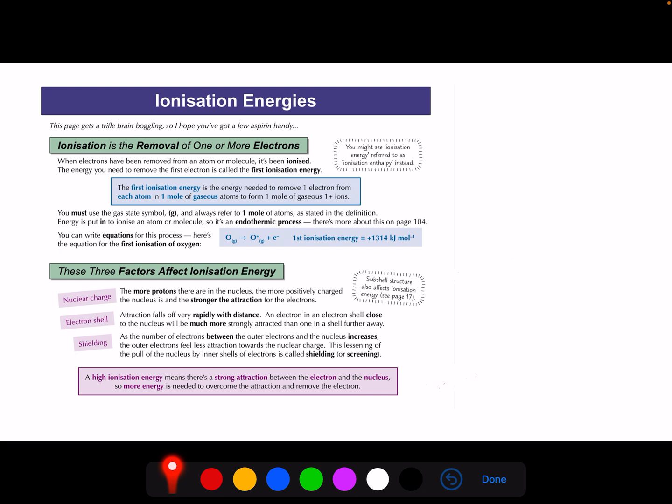So if I want to go for the definition of first ionization energy, as the name indicates, first ionization energy is the energy required to remove one electron. Okay? And to quantify the amount, we're removing one electron from each atom in 1 mole.